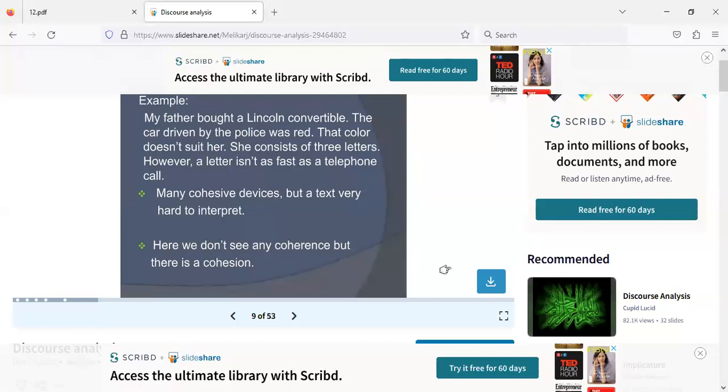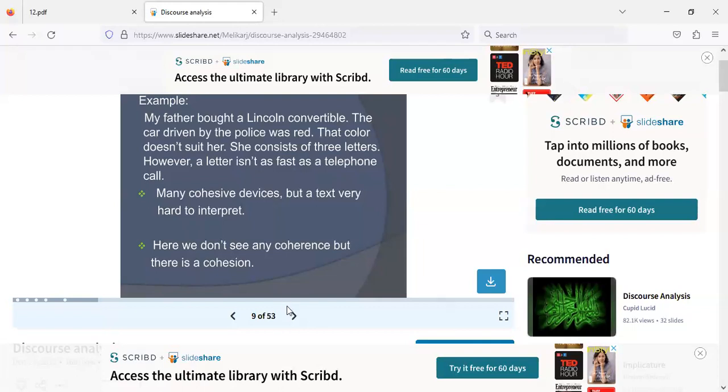So this factor, coherence in a text, will also help us understand the text more deeply. So here we don't find any coherence, but cohesion is there. Many cohesive devices have been employed, but we don't find any meaning, any logical connectedness in the text. Why is it lacking coherence, right?